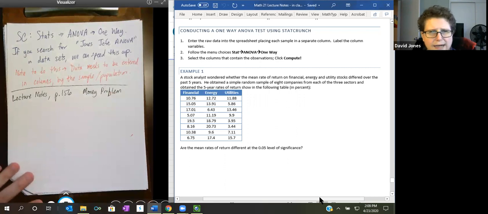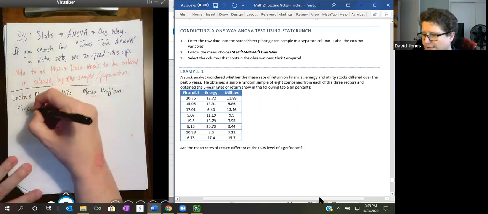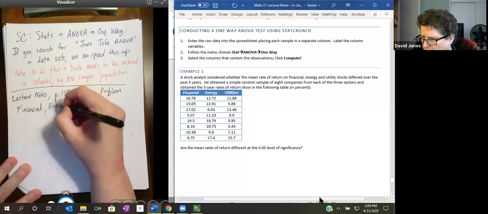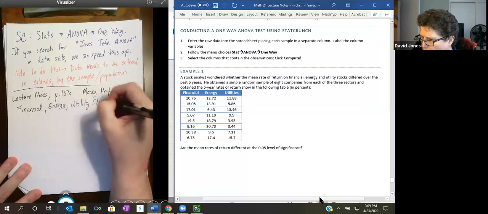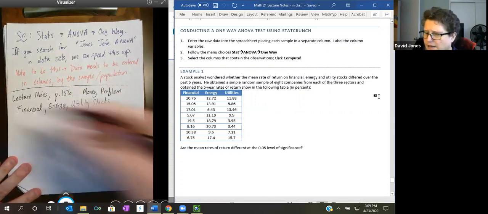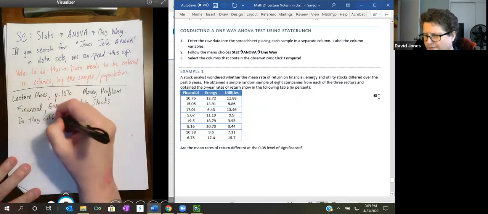And so we've got financial, energy, and utility stocks. And the stock analysts wondered whether the mean rate of return differed over the past 5 years. Do they differ in mean rates of return?